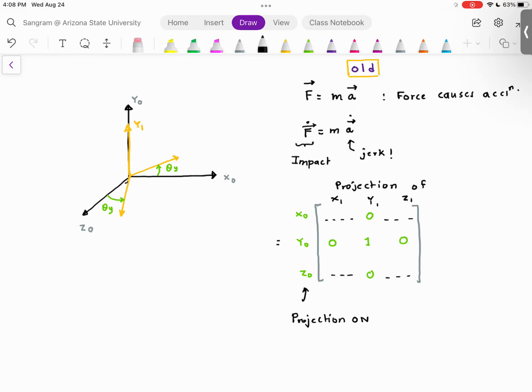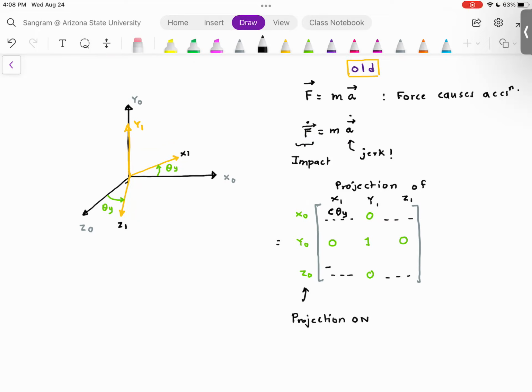Projection of x1 onto x0. Projection of x1 onto z0.